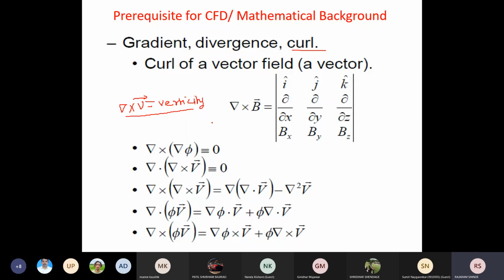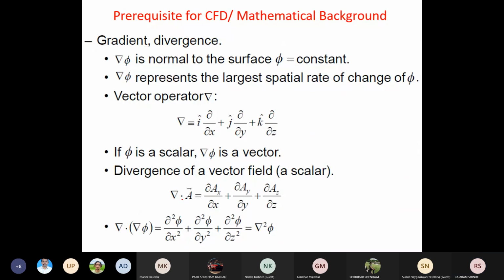Now there are certain rules related to this. You see here, curl of gradient phi equals 0. Why does this equal 0? I will not go for the proofs of all these equations because they are from vector algebra. You can put the vectors and calculate it.